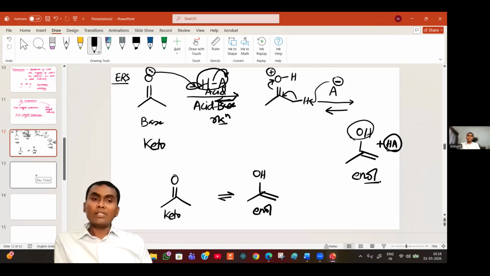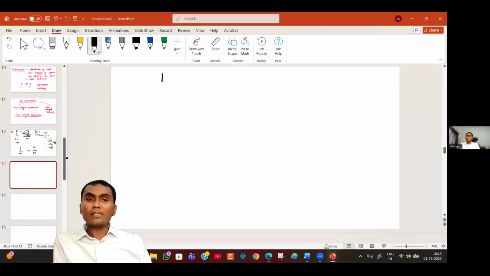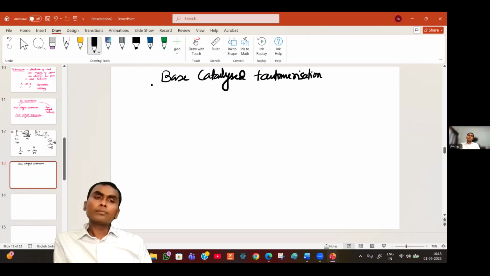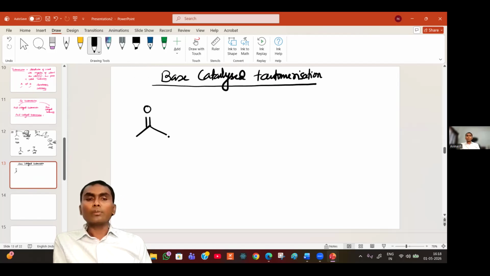Another is base catalyzed tautomerization. How can we see base catalyzed tautomerization? This one is base, B minus.